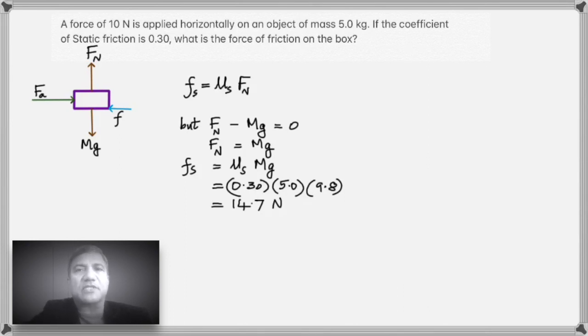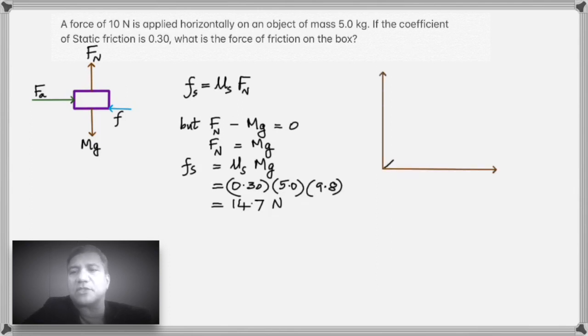The static friction is calculated to be 14.7, but friction cannot be 14.7 newtons in this case. It can only be a maximum of the applied force, which is 10 Newton. So although the calculation for static friction gives 14.7 Newton, the actual value of static friction is only 10 Newton.